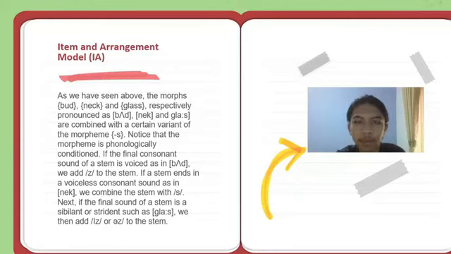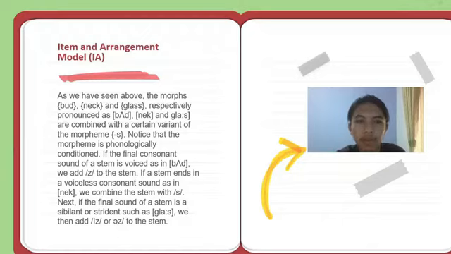To account for the three plural nouns above using IA, we can arrange the morphs in sequence as follows: bud plus z, neck plus s, and glass plus iz.